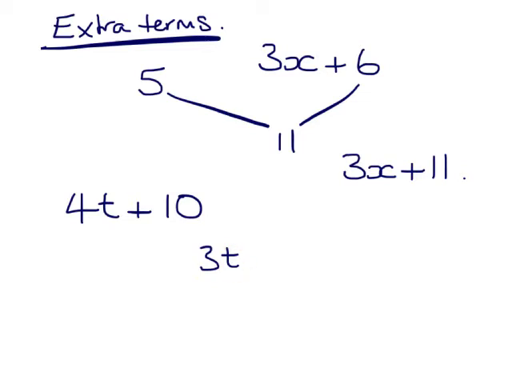Well, because it's a t term, it goes with the other t term. If the letters are the same, the terms can be put together. So the 4t and the 3t go together to make 7t. Don't forget this 10 here, so we've got 7t plus 10.